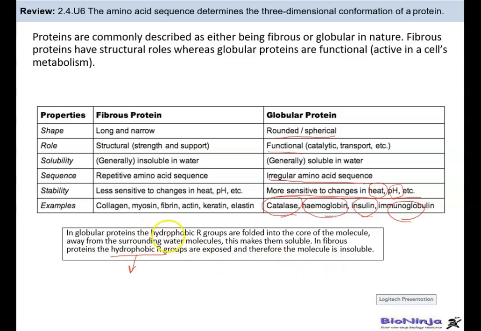But here, the R groups are folded into the core of the molecule, away from the surrounding water molecules. So depending on whether the R groups are folded inside or exposed to the water, that makes it soluble or insoluble. And also the nature of the R group is important, because we have different types of R groups based on their nature.